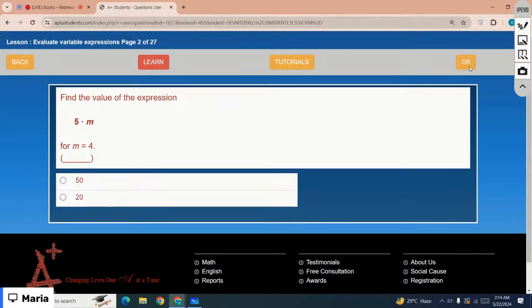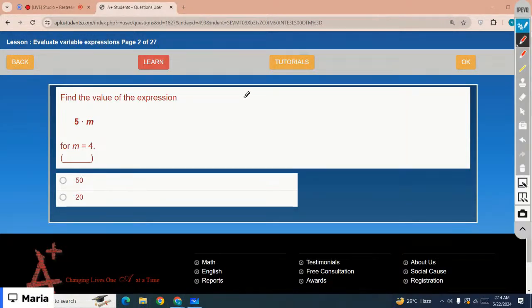Find the value of the expression 5 times m for m equals 4. 5 times m, that means you need to multiply 5 and m. You have to replace the variable m with the value that is 4. So that is 5 times 4.